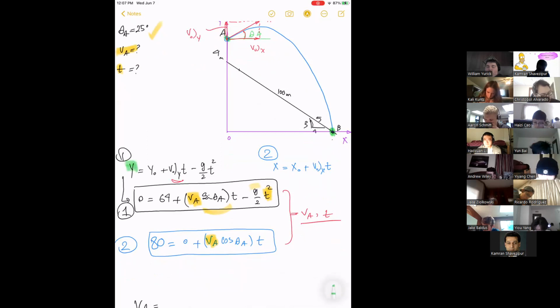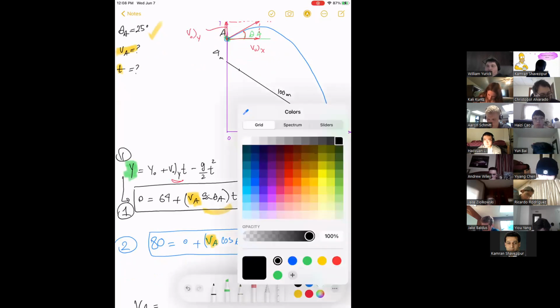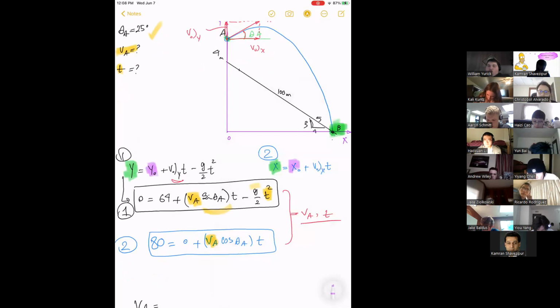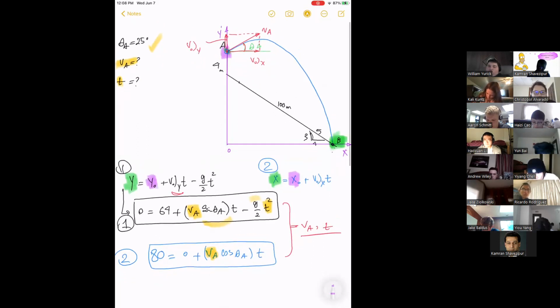This y is actually yB, the final position, and this x is xB. The y0 and x0 belong to A. Technically, initial and final point. This is your initial point, this is your final point, and you move like this, right?